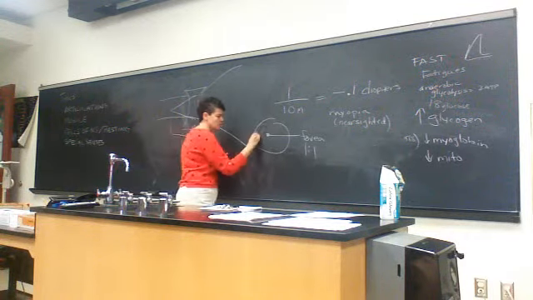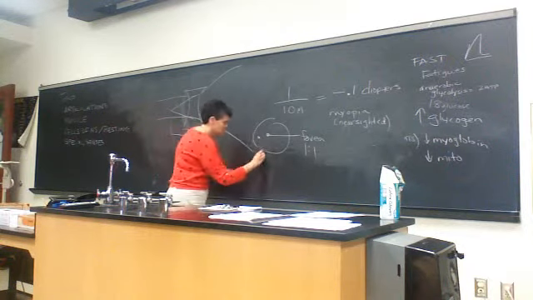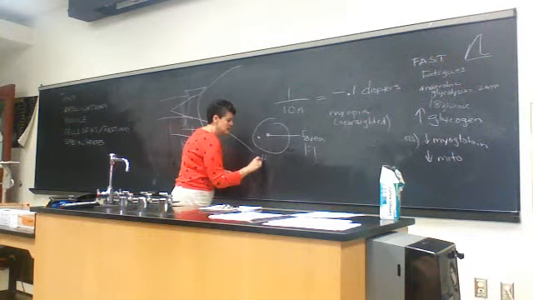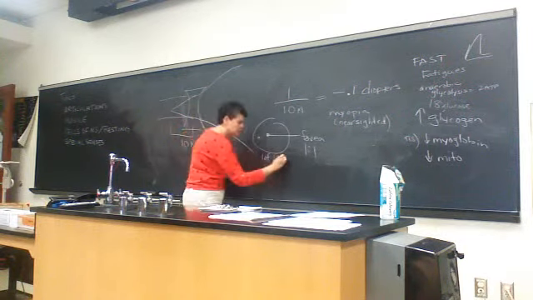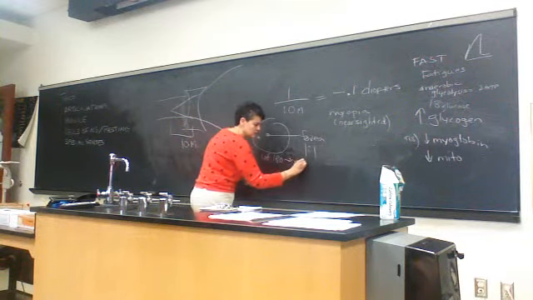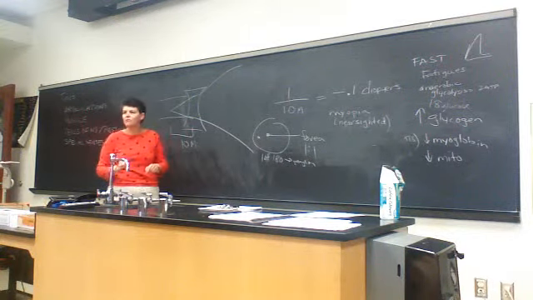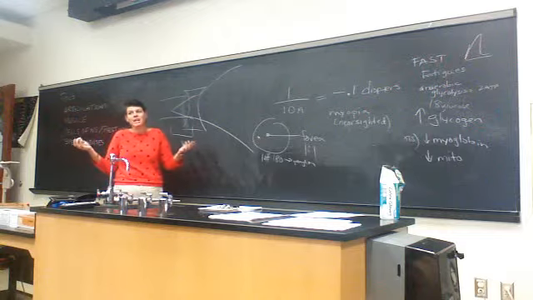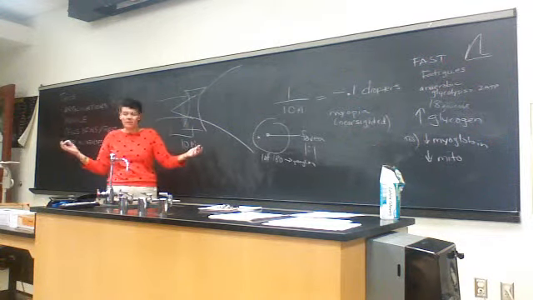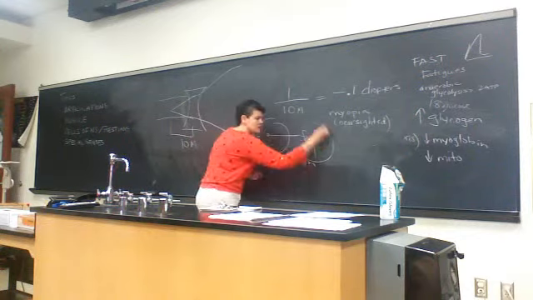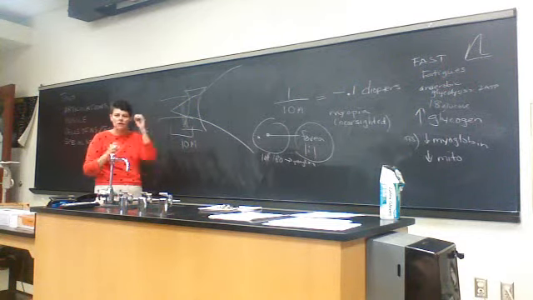Out here, if this cell receives a photon of light, it is one of 180 cells that are feeding into one ganglion. You don't know which of the 180 received the photon. That's not accurate vision, right? It's one of 180, okay? This is why that fovea is so good at accurate vision.